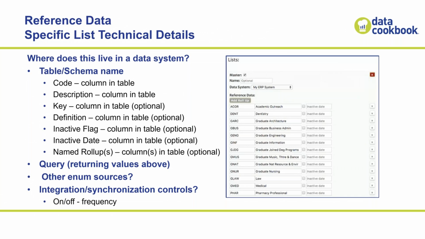Our tool has what we call a reference data synchronization process, where you can define your reference data list, say where it lives in the data system and how frequently you want it to synchronize, and it'll connect to that data system through our integration suite middleware.